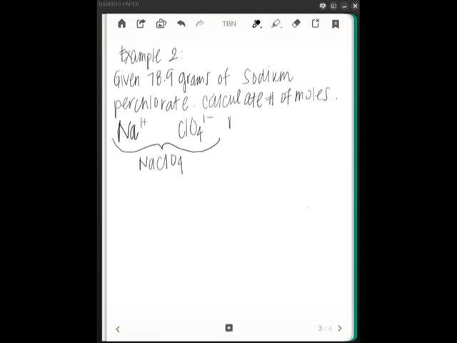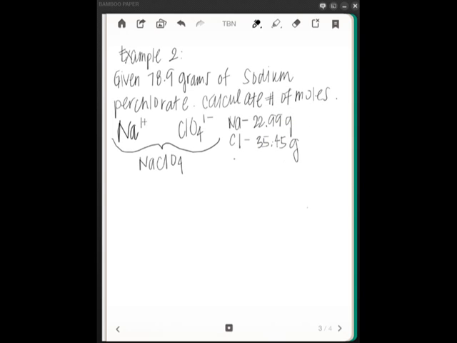So you have sodium, and if you look at your periodic table, since you only have one sodium in this compound, you have 22.99 grams of sodium. And then you also have chlorine. You only have one chlorine, so it's 35.45 grams.